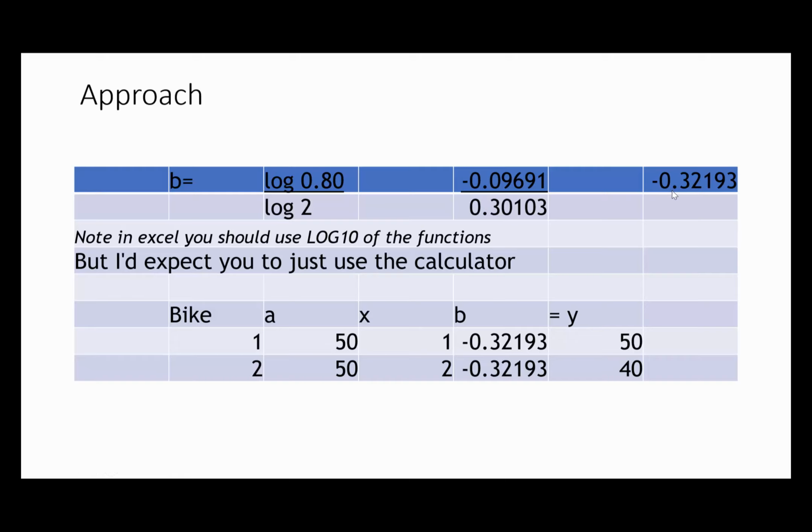Anyway, I've left it in because it came from a spreadsheet, so it's a much fuller number. So working through, I found my cumulative average time, or my y value, is 50 for 1, which is exactly what we've been told, and is 40 for 2, so that's the cumulative average time.